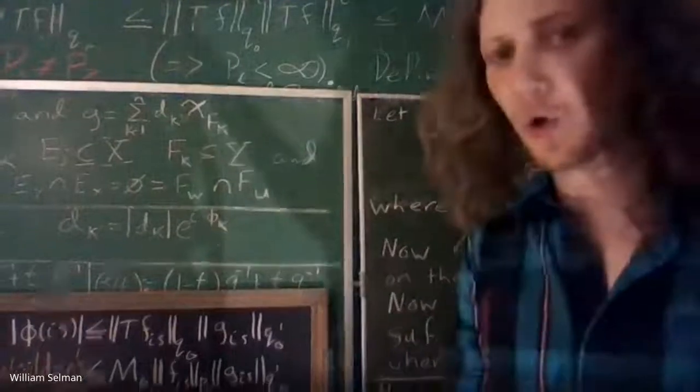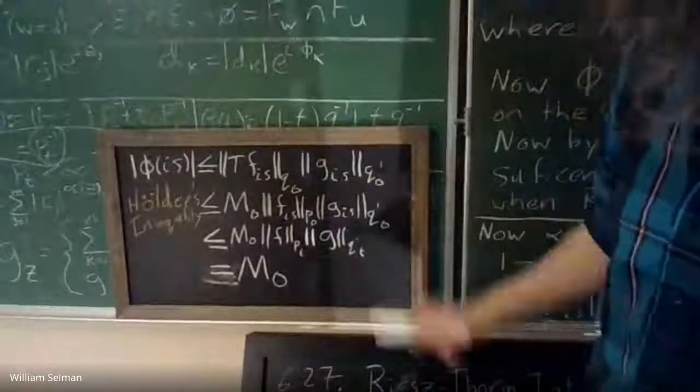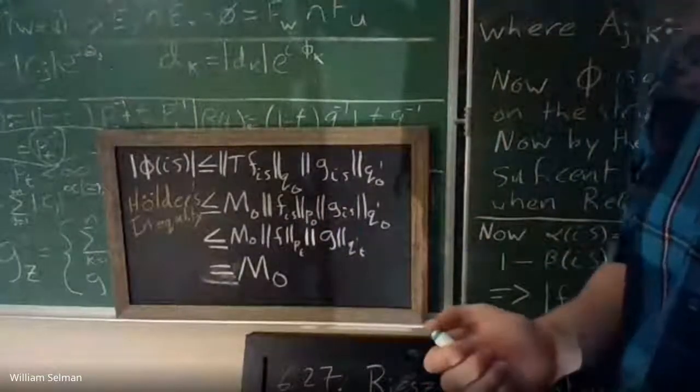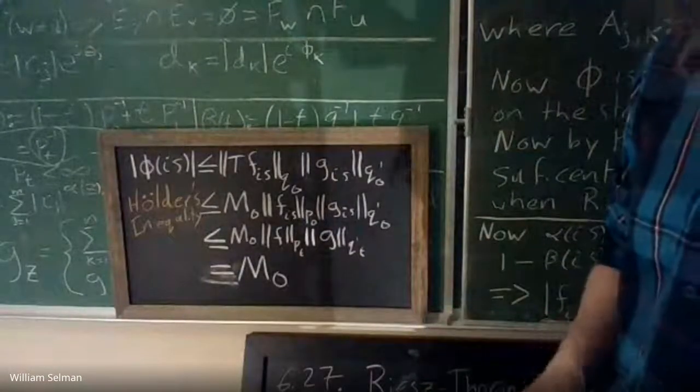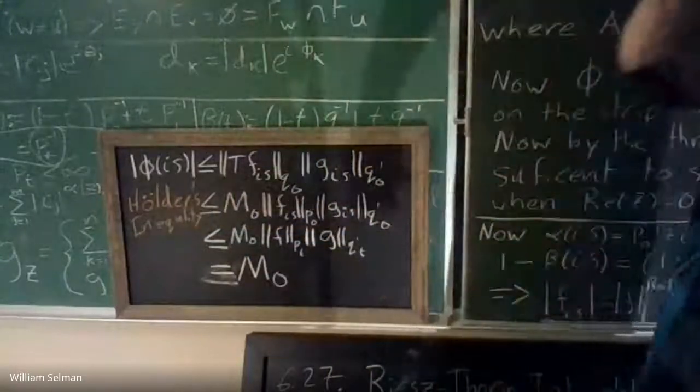So we can use Holder's identity. Since Q naught and Q naught inverse are conjugate exponents, we get that this is less than the product here.